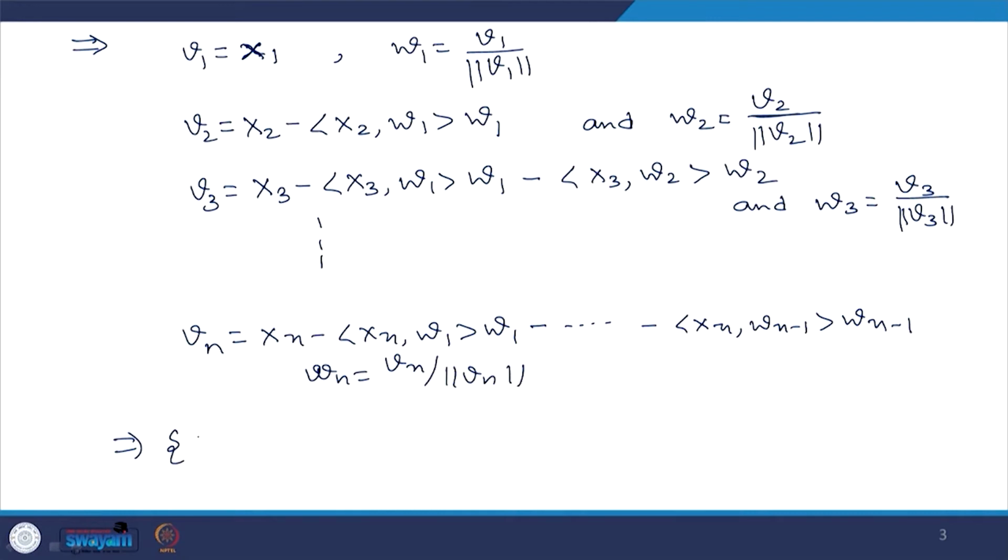Then this set W1, W2, up to Wn spans the same set which is spanned by V1, V2, up to Vn, or x1, x2, up to xn, and it is an orthonormal set.